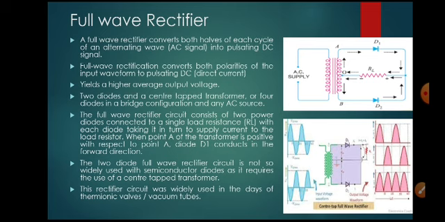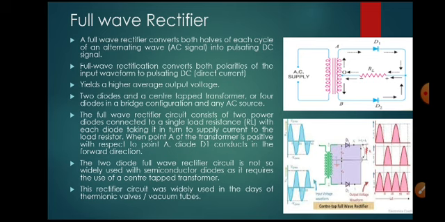The full wave rectifier converts both polarities of the input waveform, the plus and minus signals, positive and negative signals, into DC form. So it gives a higher average output voltage.